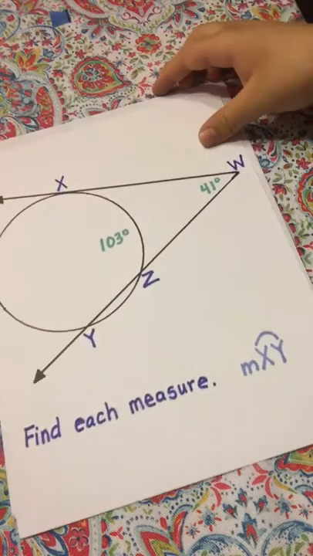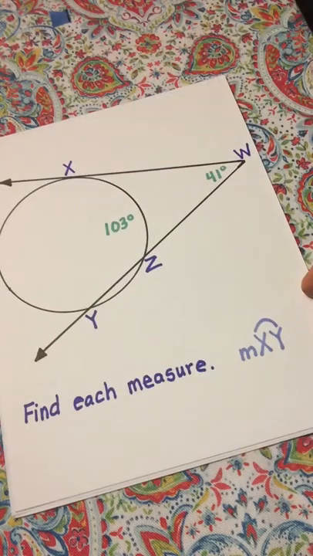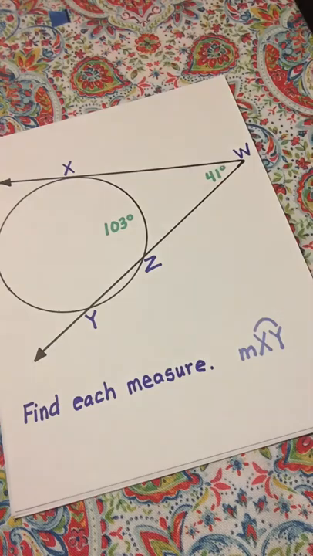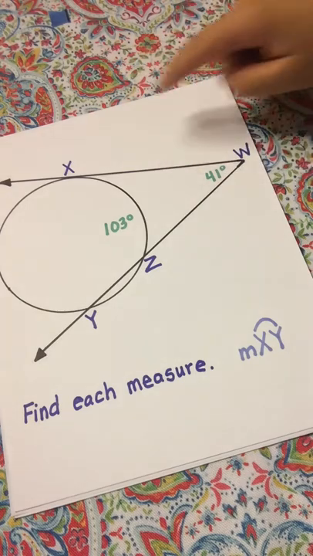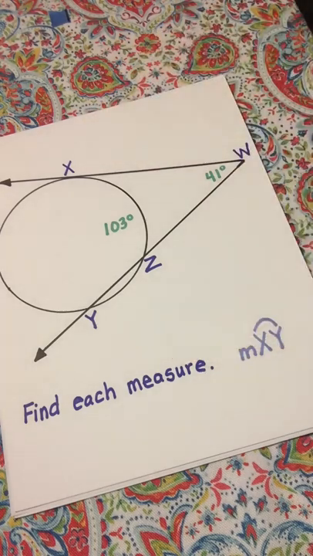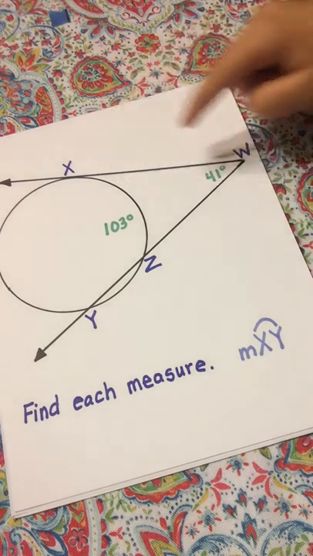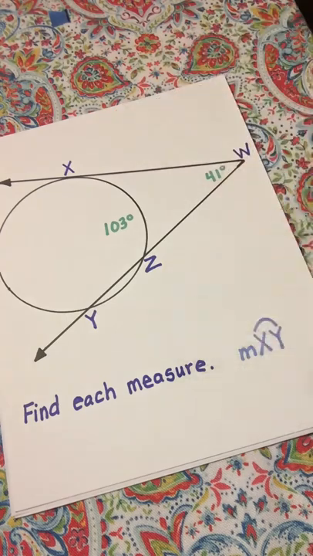So now we're asked to find each measure, in this case the measure of arc XY. As we learned from our previous problem, XY is a tangent, which is a line that comes from an outside point and intersects a circle one time.